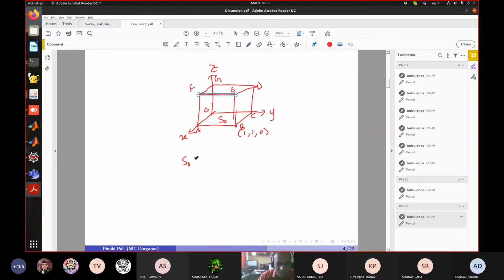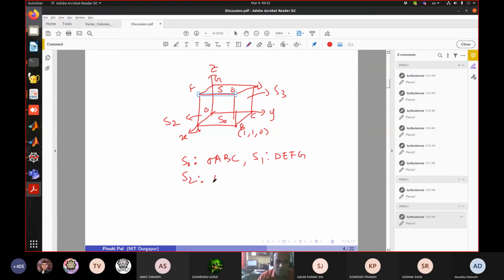Then S0 is OABC. S1 you take, S1 is this, say Z is equal to 1 plane. S1 is equal to DEFG. S2 is the front surface, and the back surface is S3.